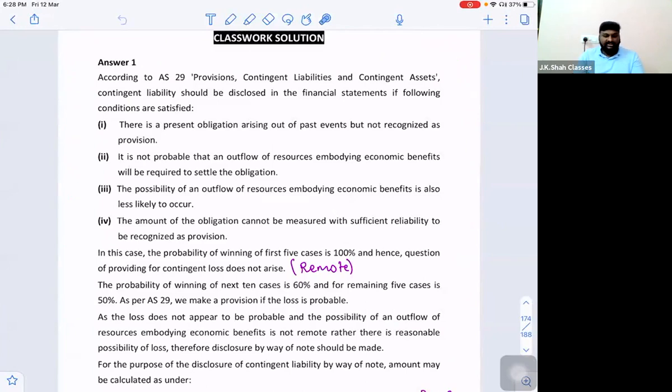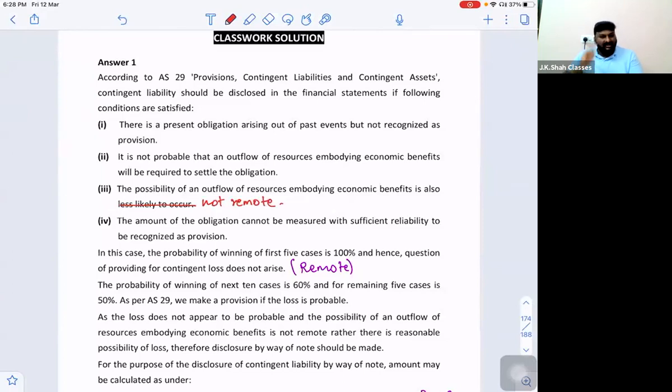There is a present obligation out of a past event but not recorded as a provision. It is not probable that the future outflow will be there. The possibility of outflow of resources embodying economic benefit is also not remote, because we have already learned this many a time, not remote.